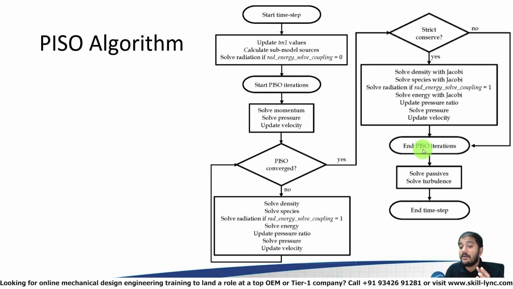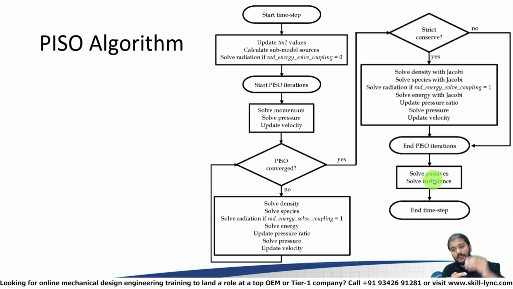All right. Now remember, only after these calculations are done, you solve for your passives and your turbulence parameters. And this is what we call linearizing, right? Now if you remember from your turbulence lectures, the turbulence parameters depend on the velocity, and the velocity also depends on the turbulence, right? It's coupled.